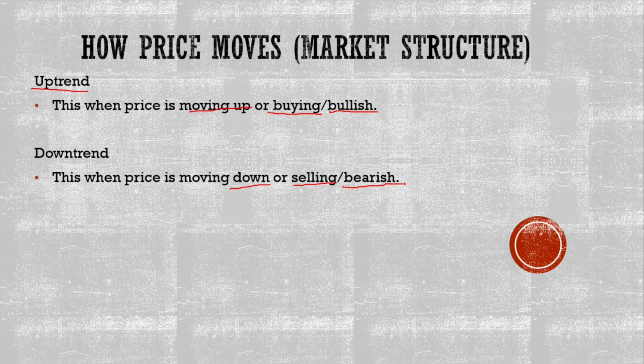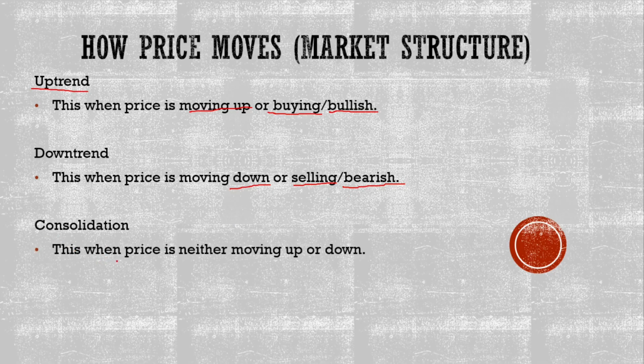Lastly, the consolidation means price is neither moving up nor down. So these are the three different ways price moves: price can be in an uptrend, a downtrend, or in a consolidation.